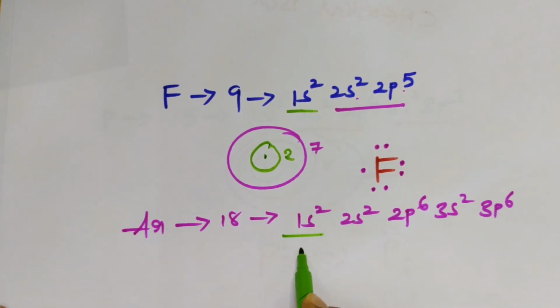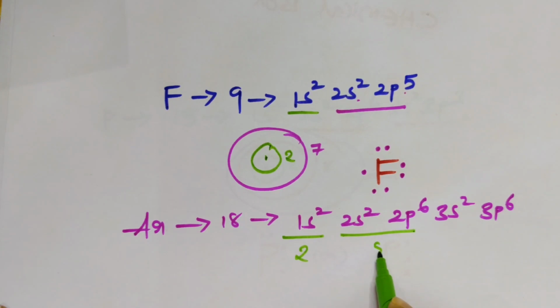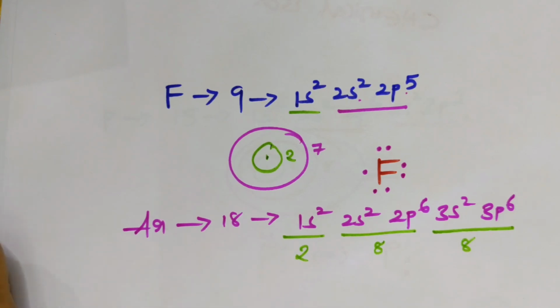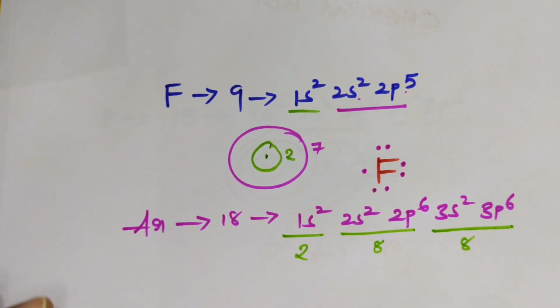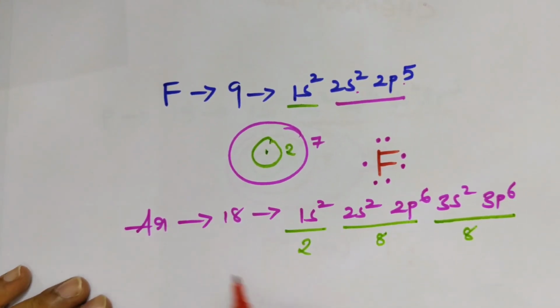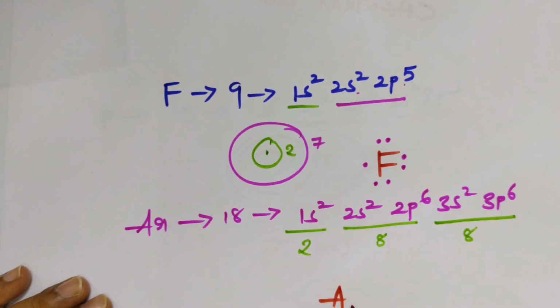First orbit, how many electrons? 2 electrons. Second orbit, 8 electrons. Third orbit, 8 electrons. The last orbit is the third orbit, and it contains 8 electrons. So how many valence electrons? 8 valence electrons.